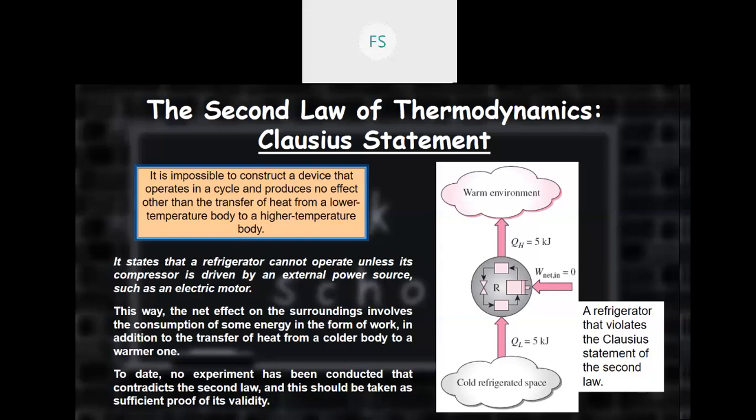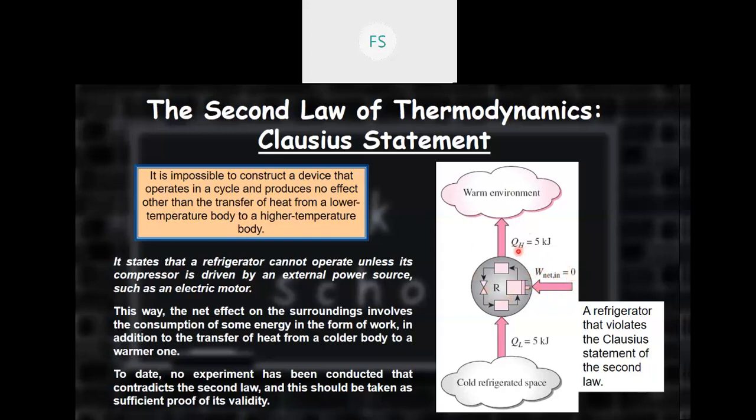For example, in this figure, we have a refrigerator. This refrigerator absorbs QL of 5 kJ from the cold space and rejects 5 kJ to a warm environment without any work done on the system, or W net in equal to 0.